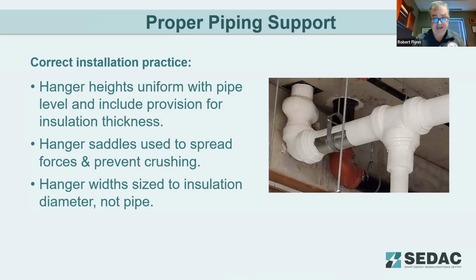As you can see in this photo, let me step back for a second. Sometimes you'll see some of the insulators, as they're dropping the hangers, you're supposed to drop the hangers themselves by the thickness of the insulation. In some cases, they're not given enough to drop, or they're just not doing a good job of dropping the hanger.